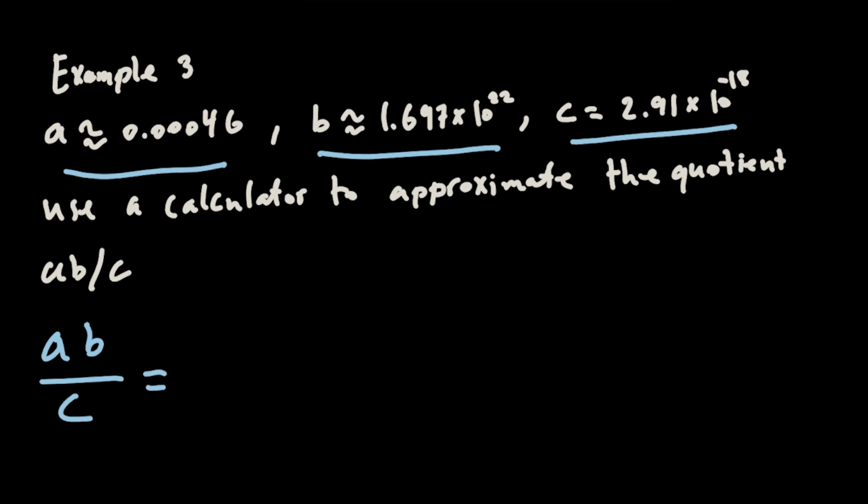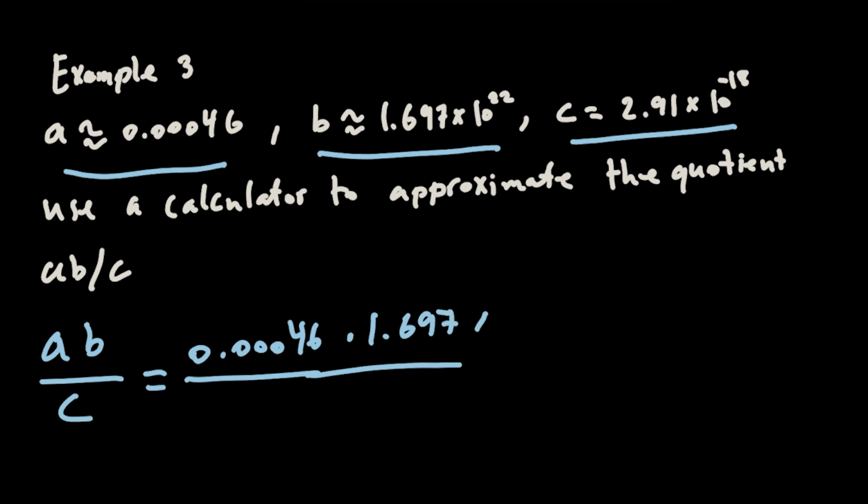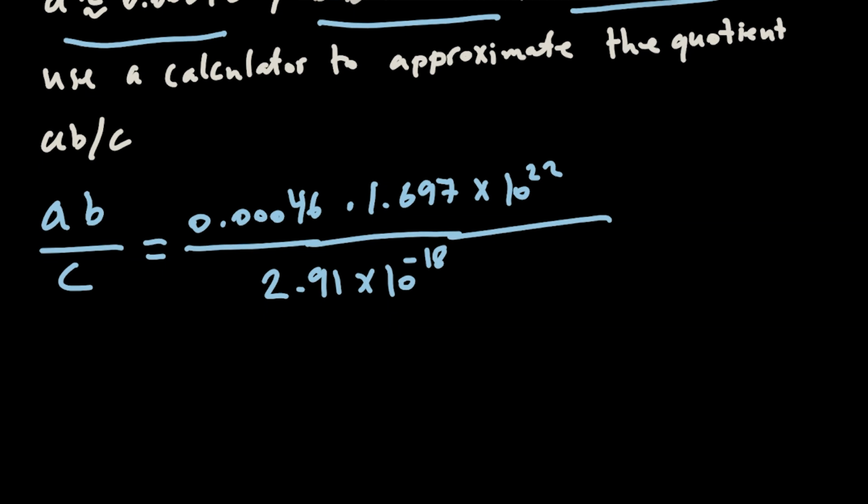So we have A, which is 0.00046, over, and here we'll multiply it by P, so it's 1.697 multiplied by 10 to the power 22, and we will have C, which is 2.91 multiplied by 10 to the power minus 18. Okay, so now we have to make all the numbers in scientific notation.